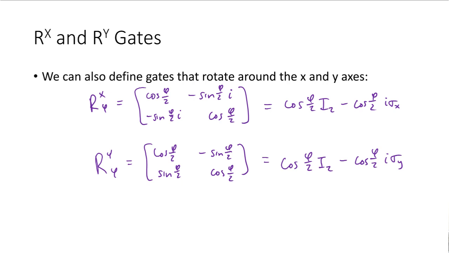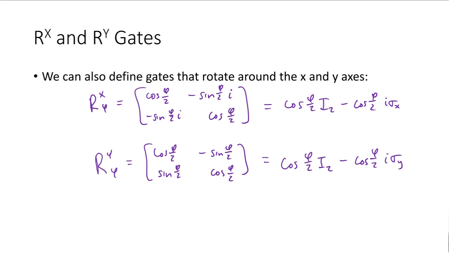We can also express these in terms of the Pauli matrices. So we could write R x phi as cosine phi over 2 times I, minus i sine phi over 2 times sigma x, the x gate.